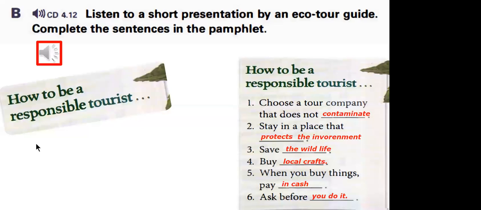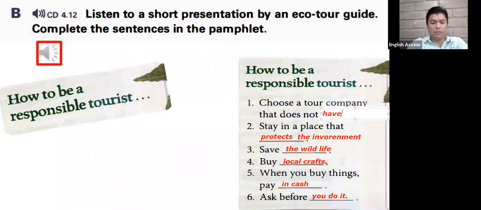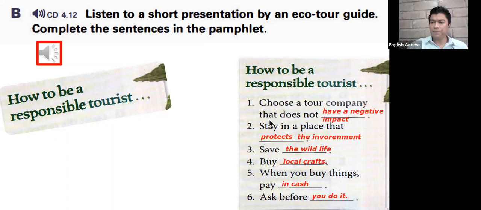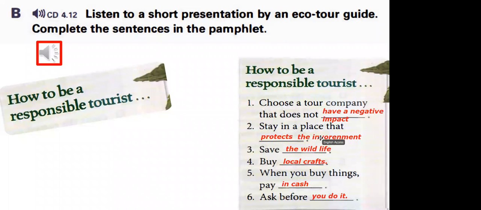Not have negative impact. Have a negative impact? Okay. Like that? Does not have a negative impact. Yes. Number two, stay in a place that hires local people.